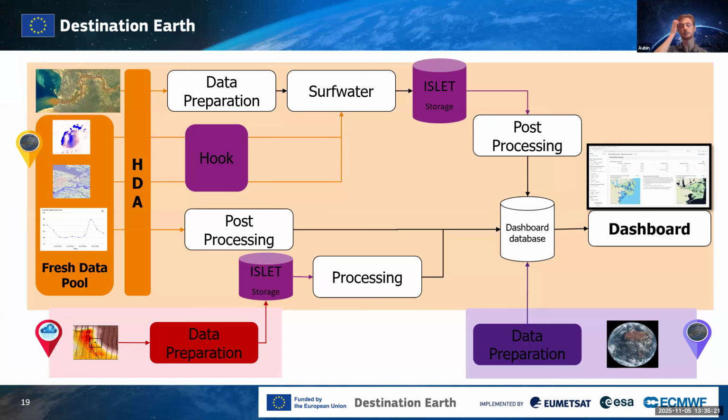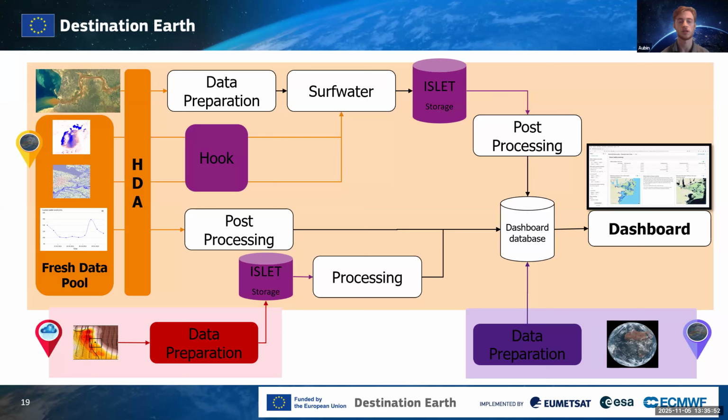What you see here is the workflow of processes developed for that use case. It went all the way using the data lake services, including collecting the data, usage of the data from the data lake, processing of the data, going into the model, post-processing, until the creation of a dashboard, also using data lake services.